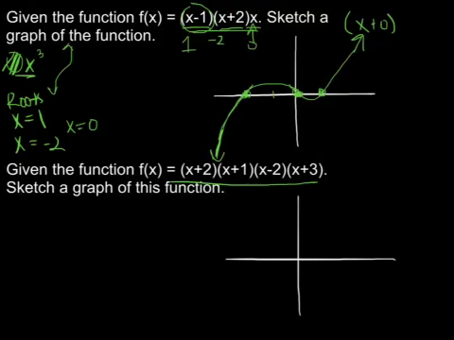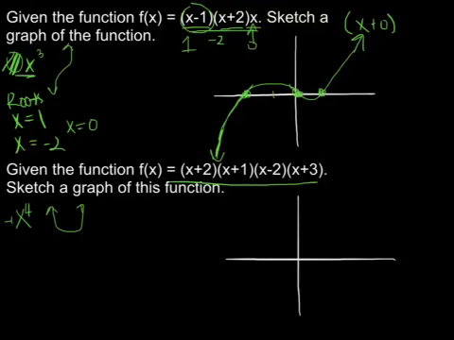And since I have 4 factors, when I multiply them all out, I'm going to end up with an x to the 4th as my largest term. And so it's going to be a 4th degree polynomial, or a quartic function, and we know that the leading coefficient is positive, right, because it's x times x times x times x, which is going to be a positive x to the 4th. And so it's going to look like that.